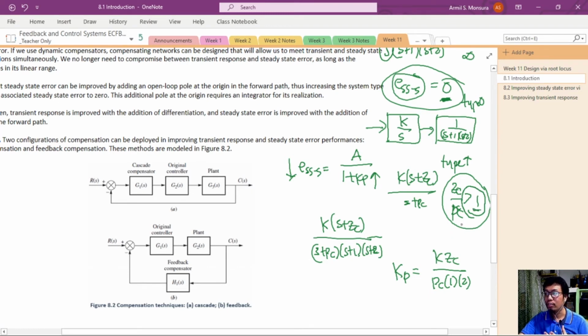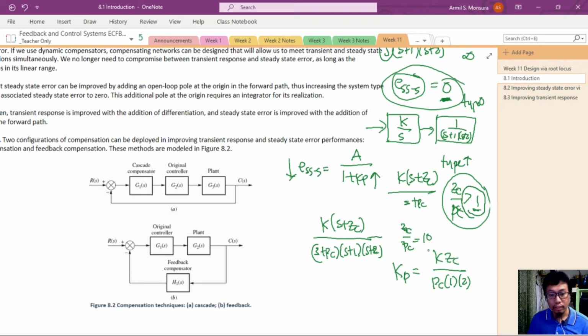For example, if we want a 10-fold improvement in terms of the steady state error, or in terms of the static error constant, then we can set ZC over PC to be equal to 10. Okay?